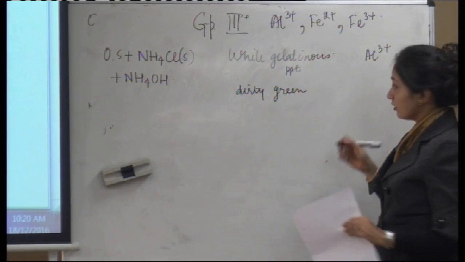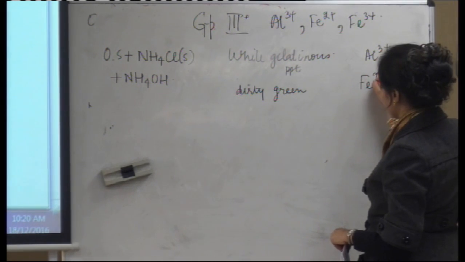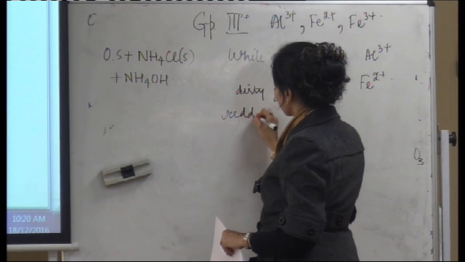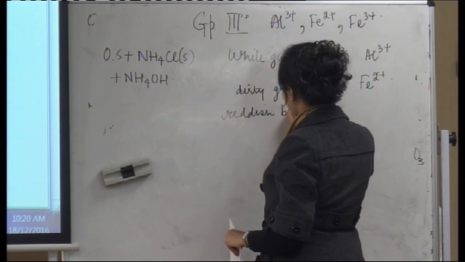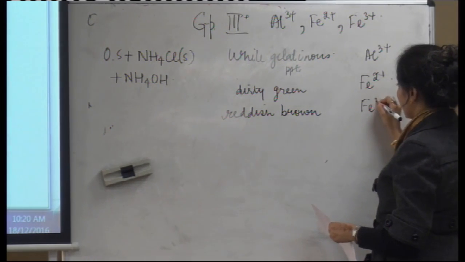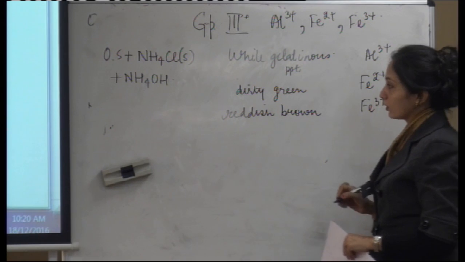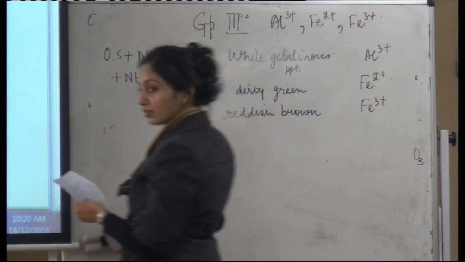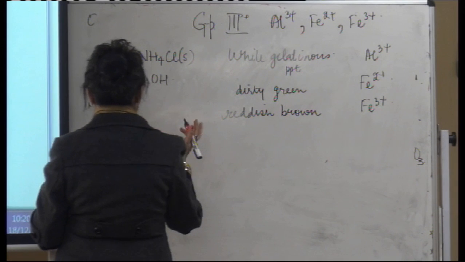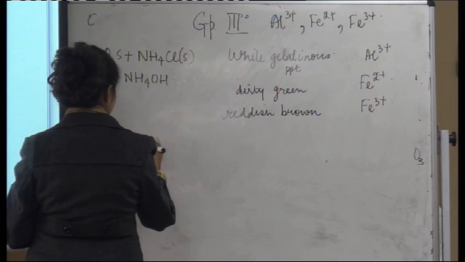Right at the beginning is what we did. And if you get a reddish brown precipitate, then in that case you have your Fe3+.